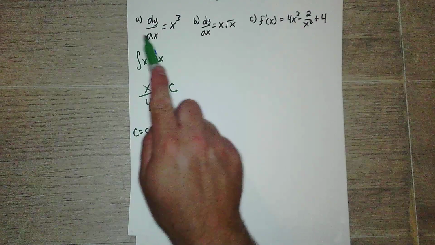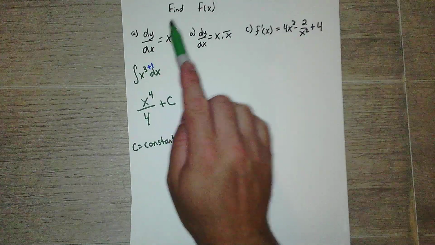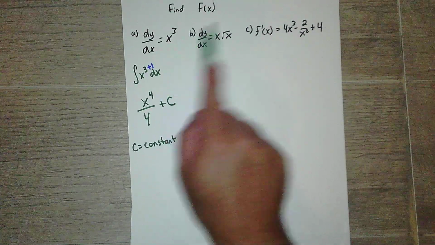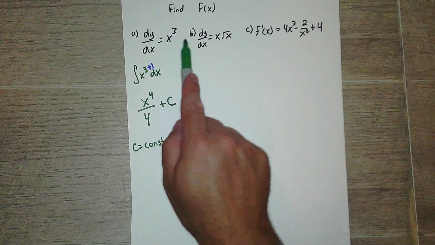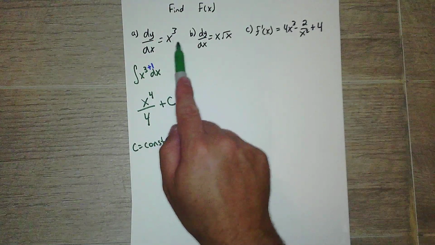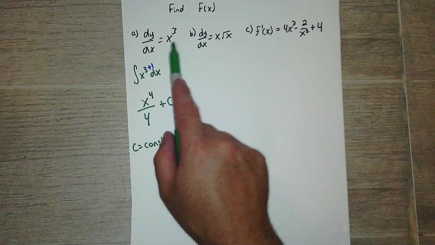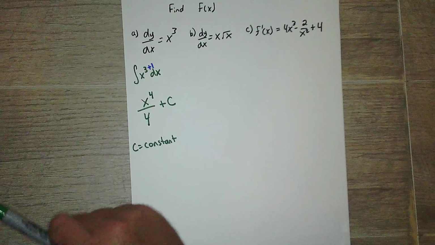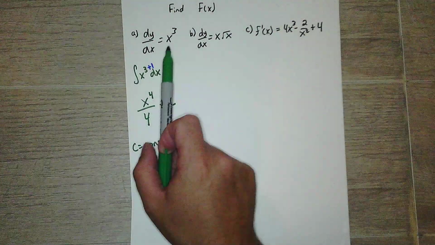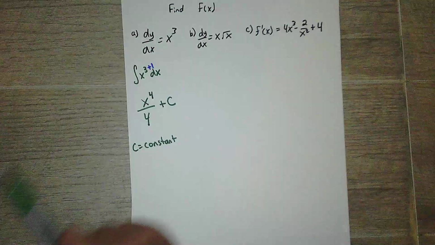So the derivative of a constant is always 0. Because this is the derivative, this could be x cubed plus 0. You don't really write plus 0, you just leave it as nothing. But because the original function may have had a constant, we have to account for that, because we're trying to find out what the original function was.